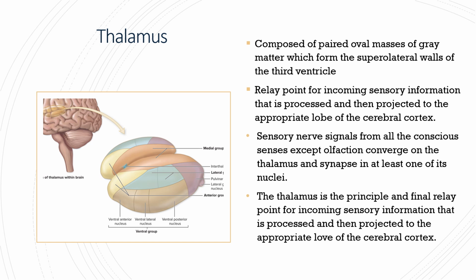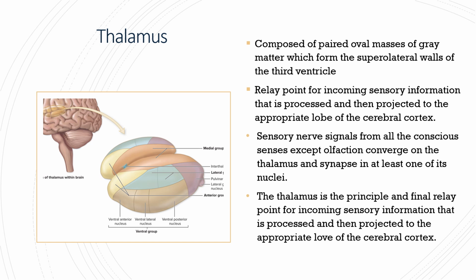The thalamus is composed of paired oval masses of gray matter. It forms the superolateral walls of the third ventricle and functions as a relay point for incoming sensory information. Incoming sensory signals are processed and then projected to the appropriate lobe of the cerebral cortex. It acts as an information filter.